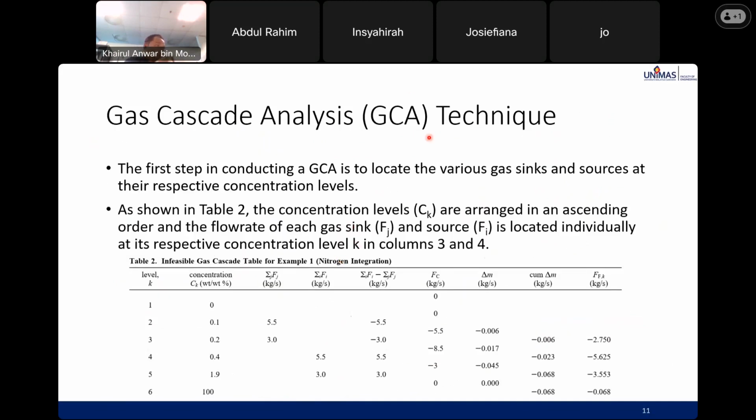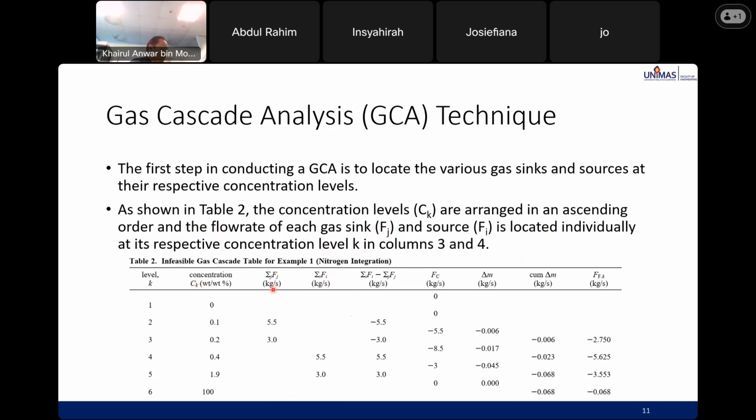Gas cascade analysis technique. The first step in conducting GCA is to locate the various gas sinks and sources at their respective concentration levels. As shown in Table 2, the concentration levels CK are arranged in ascending order, and the flow rate of each sink Fj and source Fi is located individually at its respective concentration level K in columns 3 and 4.